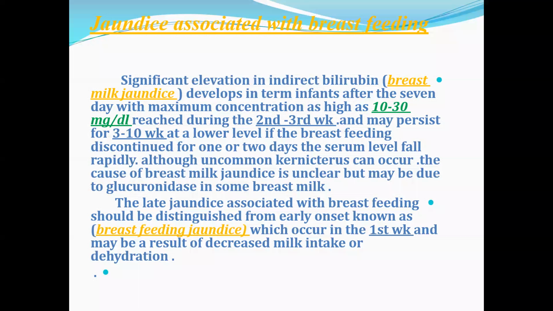Breast milk jaundice develops in term infants after the 7th day with a maximum concentration as high as 10 to 30 milligram per deciliter, so a wide range of increment in bilirubin. Of course, this may continue for a few weeks.